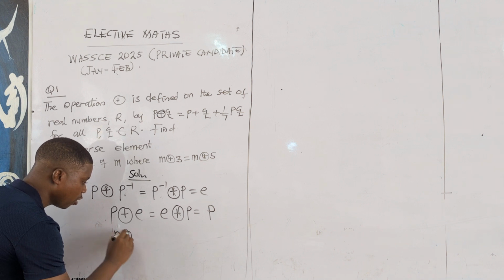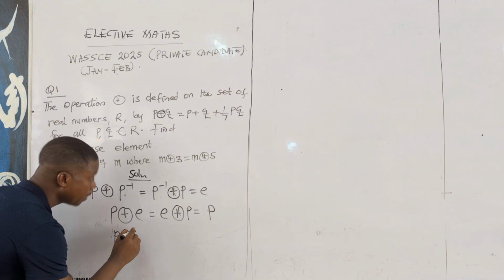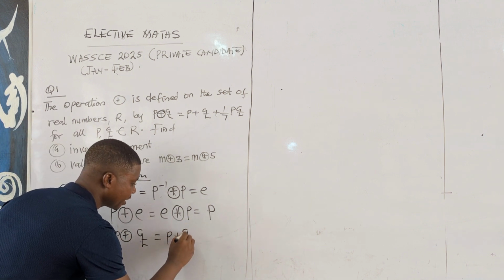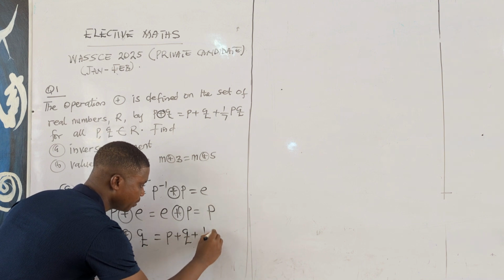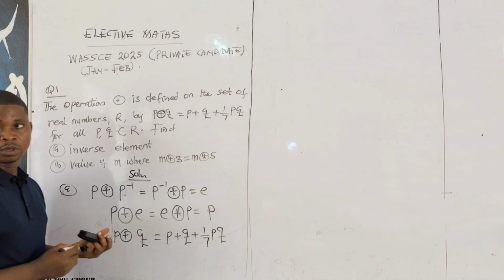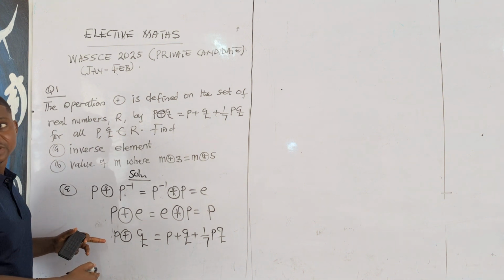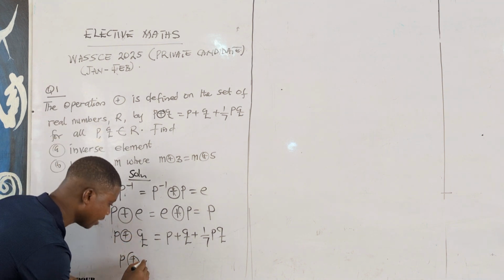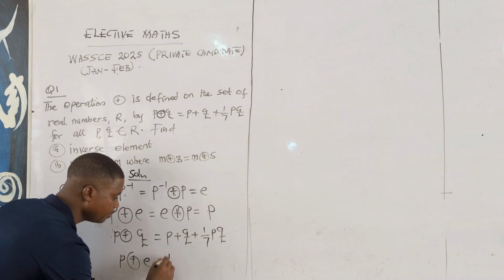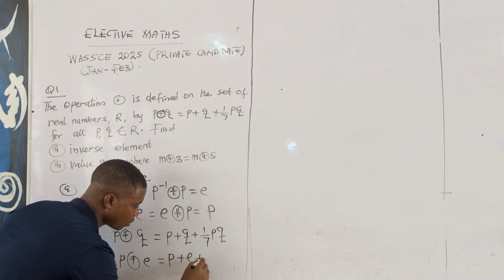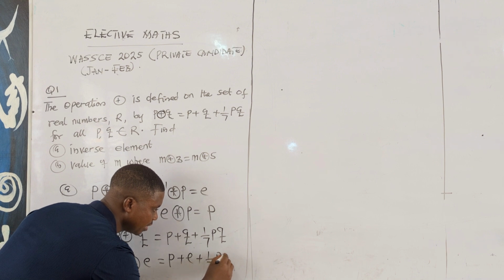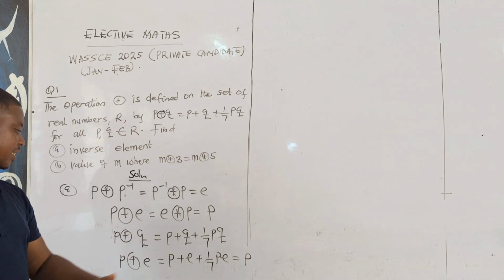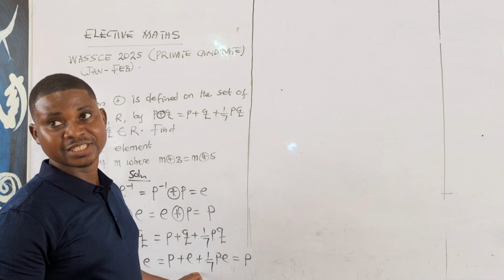So we go to the operation in the question: P * Q = P + Q + 1/7 PQ. Wherever you see P, P still remains P, and Q now becomes the identity element E. So P * E = P + E + 1/7 PE, which gives us the number P. At this stage, we have to find our E, the identity element.